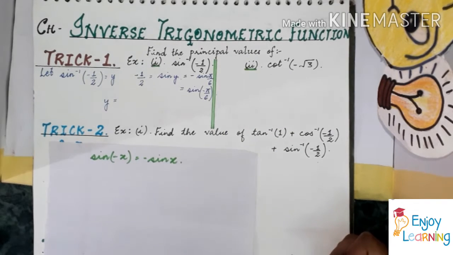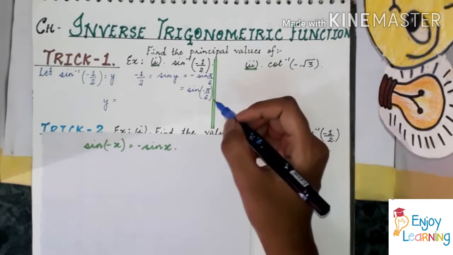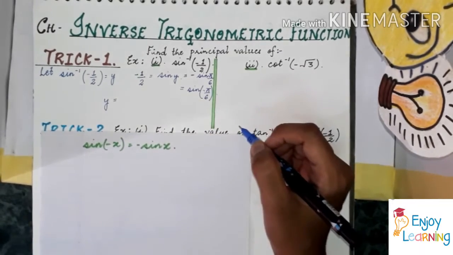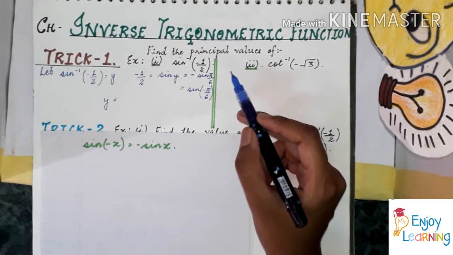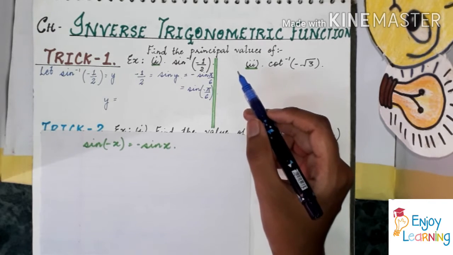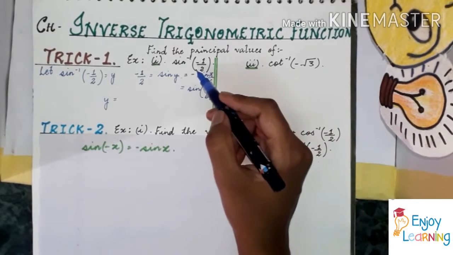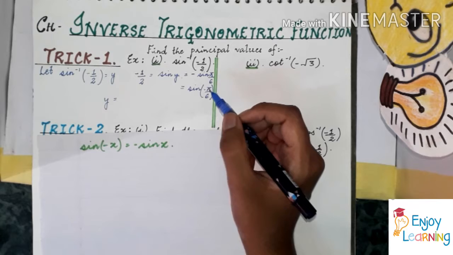But what's the trick in this question? You have to remember that you have to find such a value of y so that it lies in the principal value branch of the function. Whenever you have to find the principal value, you have to keep in mind the principal value branch of that inverse trigonometric function. So for sine inverse, the principal value branch is from minus pi by 2 to plus pi by 2.